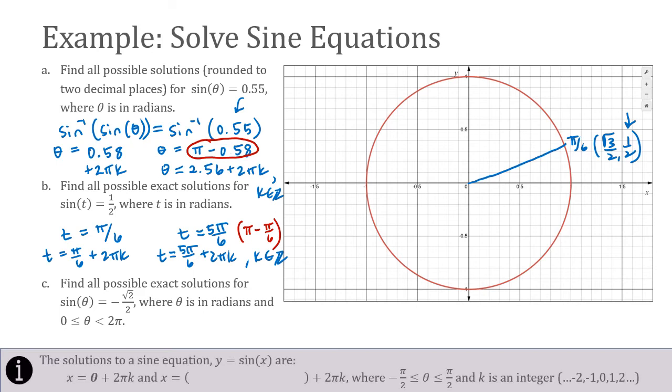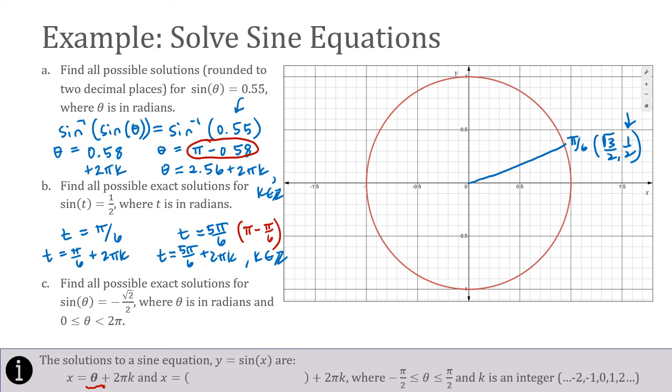The solutions to a sine equation, such as y equals the sine of x, are x equals some theta value. Theta is the value that your calculator gave you, and we know that for sine it is going to be between pi over 2 and negative pi over 2. But then, outside of that, there's another solution.